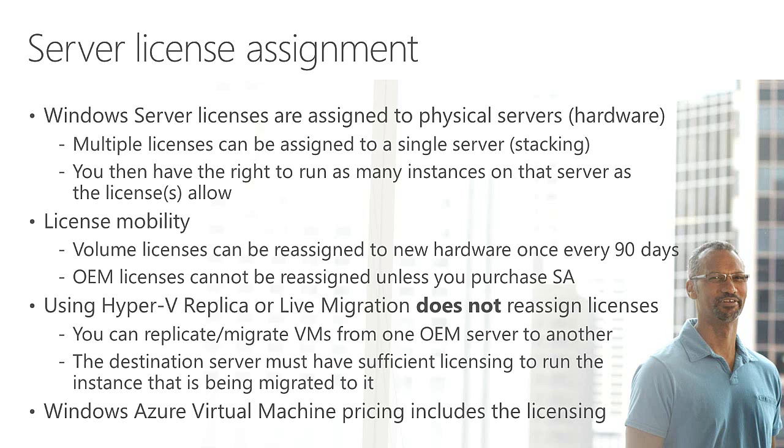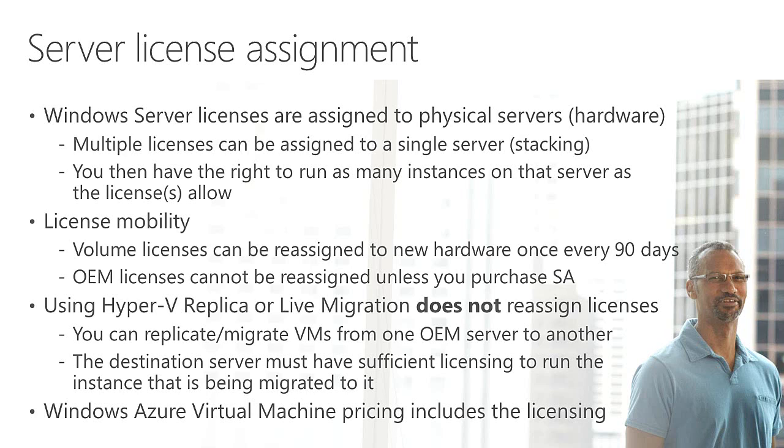So as an example, if you buy 2 licenses of Windows Server Standard and assign them both to one server, then you can run 4 virtual machines on that server, because you can have 2 virtual machines per license. So as you stack those together, you can run 2 and then 4 and then 6 and then 8, and then eventually it makes sense to look at the Datacenter edition so that you can run as many virtual machines as you want on a single server.